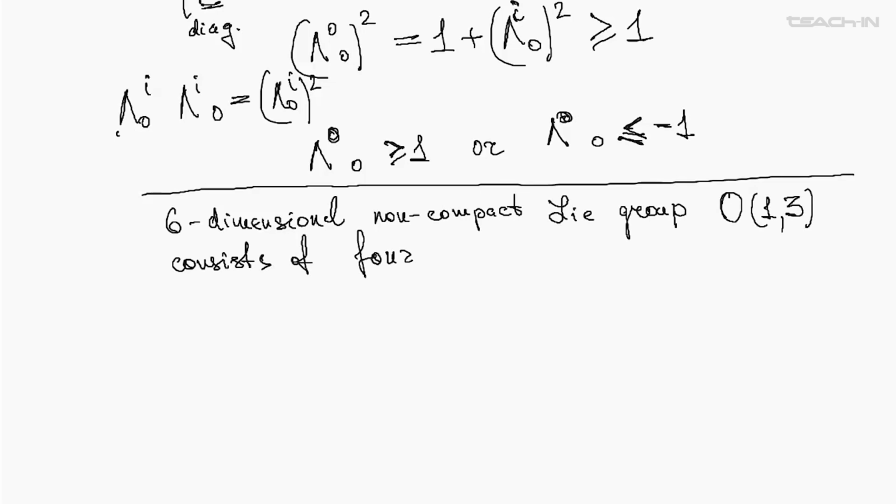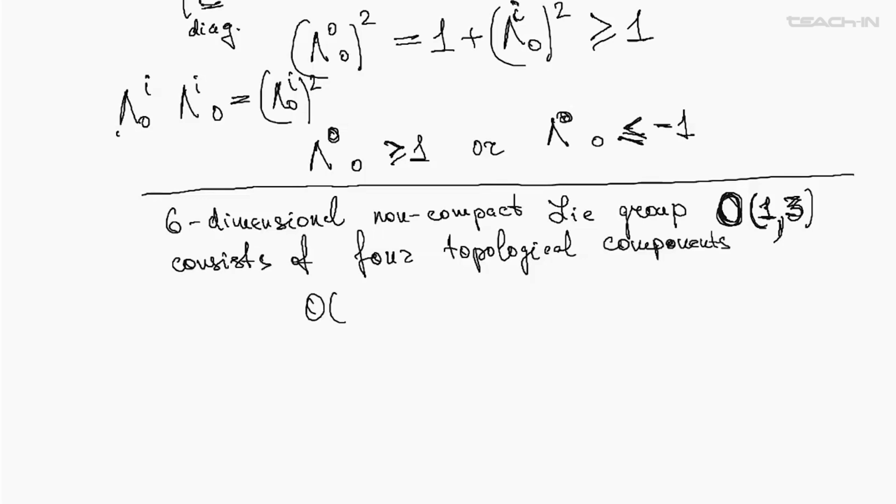Here, O stands for orthogonal. Pseudo-orthogonal group, that means pseudo-orthogonal group (1,3). The (1,3) reflects the metric it preserves, and the metric is Minkowski, right? And so if you wish, this is a definition of O(1,3).